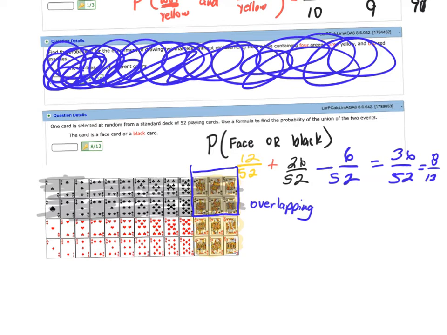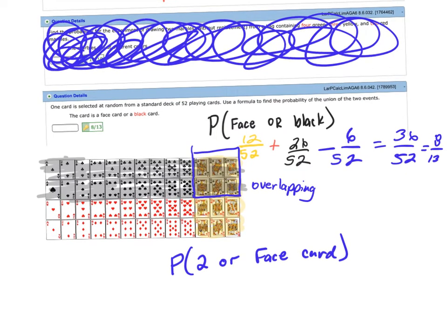If I had the same question and I said, okay, what's the probability of a diamond? No. I'm going to say probability of a 2 or a face card. Okay. So probability of a 2. Here's my 2s.